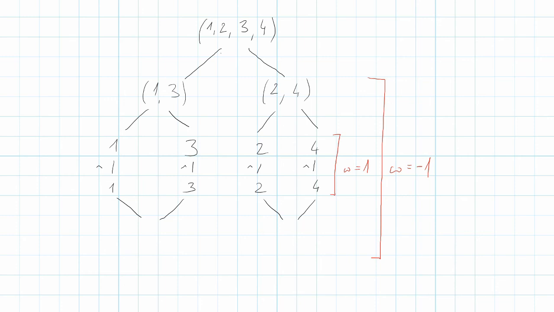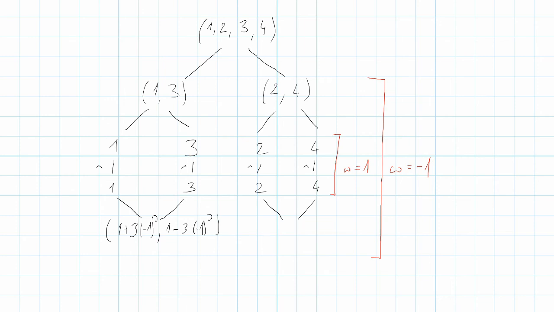So how do we compute it? Using the formula that you saw in the Cooley-Tukey algorithm, this is 1 plus 3 times omega to the power 0, so 3 times (-1) to the power 0, that's the first half, and 1 minus 3 times (-1) to the power 0, this is the second half.